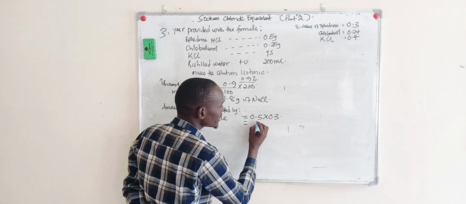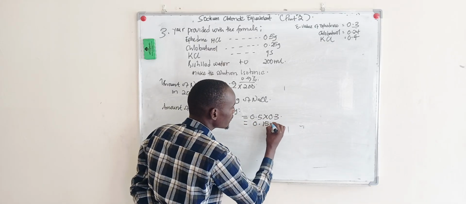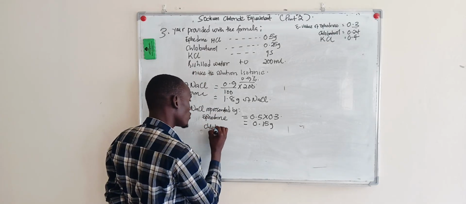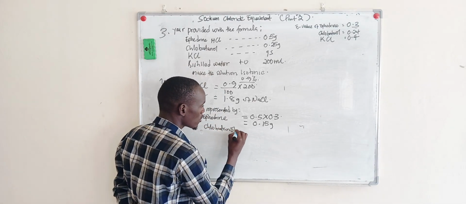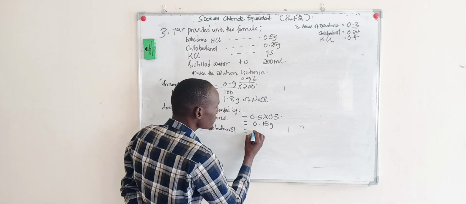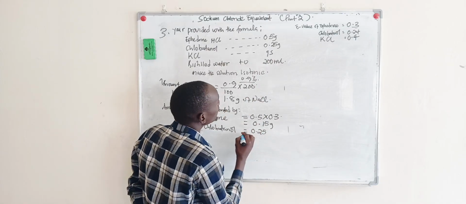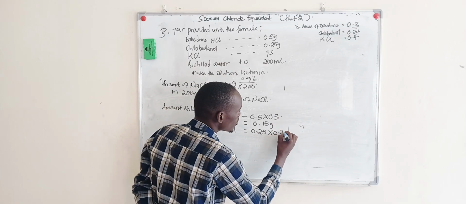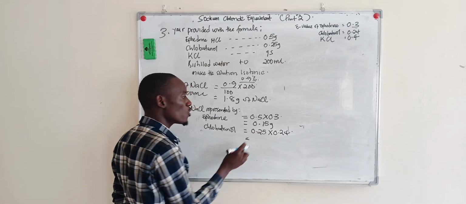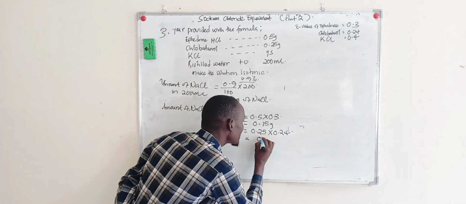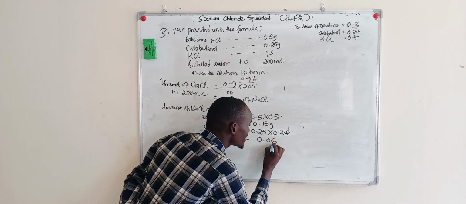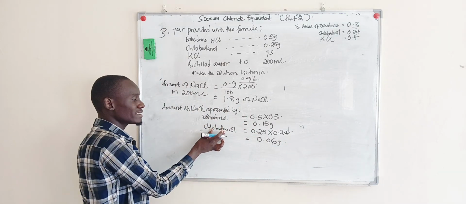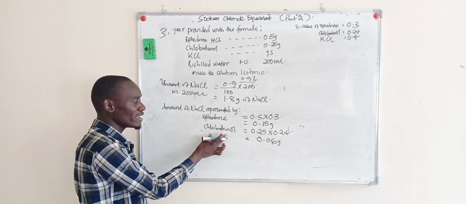And when we compute this, we shall have 0.15 grams. Then we shall also get that of chlorbutanol, which will be equal to the product of its mass, which is 0.25 times its sodium chloride equivalent, which is 0.24. And when you compute this, we shall approximately get 0.06 grams of sodium chloride as the amount represented by chlorbutanol.